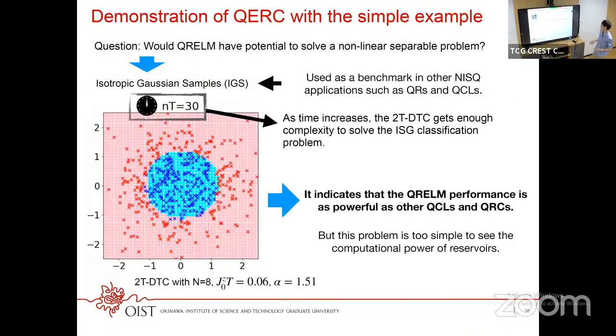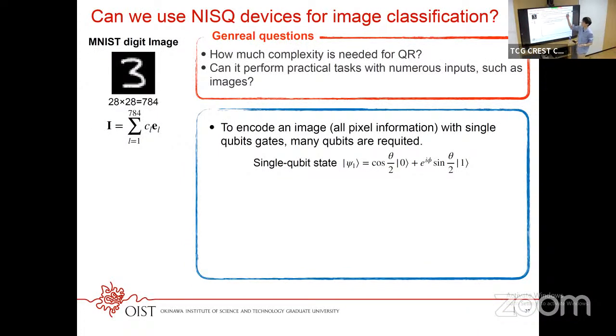Now, the general question: how many qubits are needed for reservoir computing to solve a more practical problem, for example, image classification, like MNIST digital images? It has 28 times 28 pixels, about 800 pixels of information.